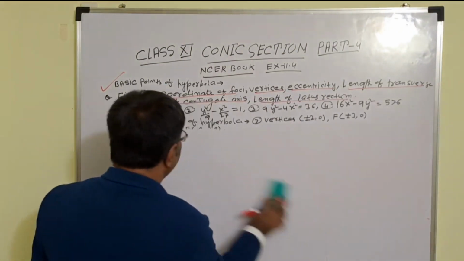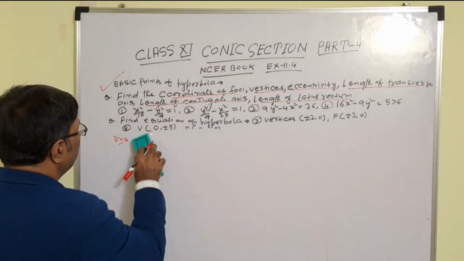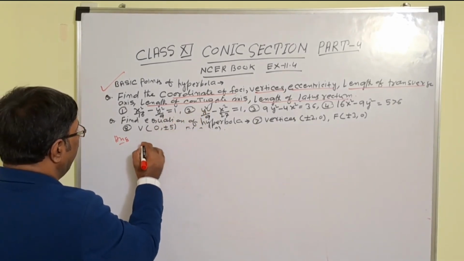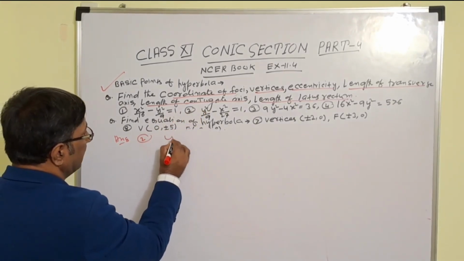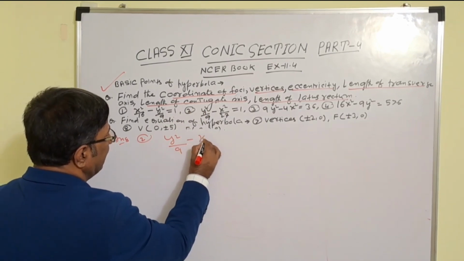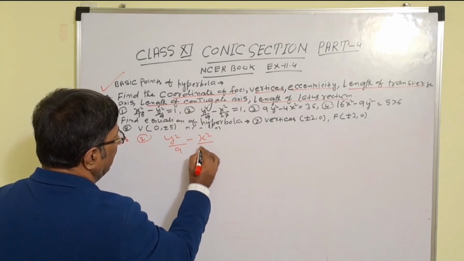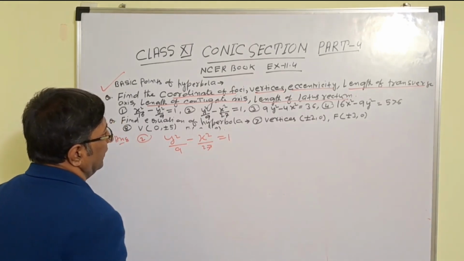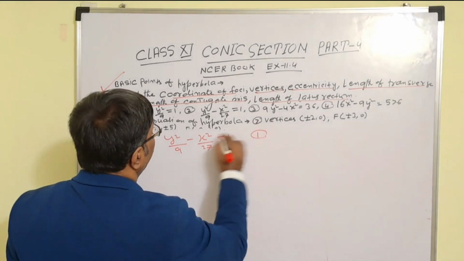Now there is a question number 2. So question 2 is what? Question 2 is given y square upon 9 minus x square upon 27, and this equal to 1. So this is the given equation.